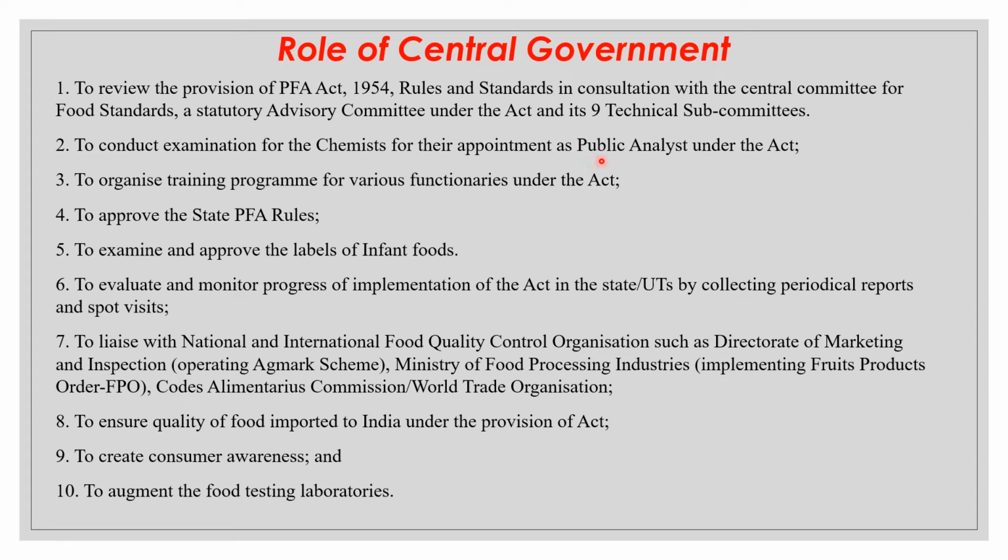Okay, they work in laboratories, they prepare lab reports after testing the samples drawn from food articles. Central government also organizes training programs for various functionaries under the Act. Okay, so functionaries mean people who are working for prevention of food adulteration.